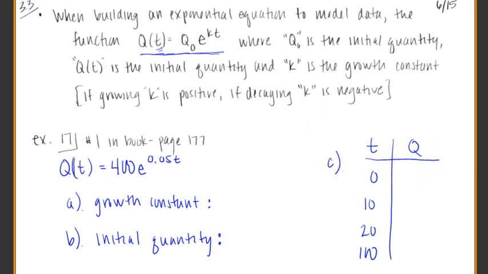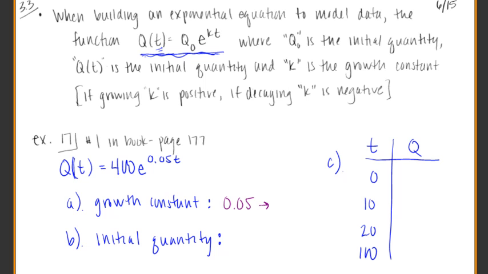Okay, so what I did was write down some foundational stuff. They gave us this main function, Q of t equals 400 e to the 0.05t. Hopefully you can see it's in the general form needed for an exponential equation. They ask what the growth constant is. The growth constant is always the number attached to your variable in the exponent, so in this case it's 0.05.